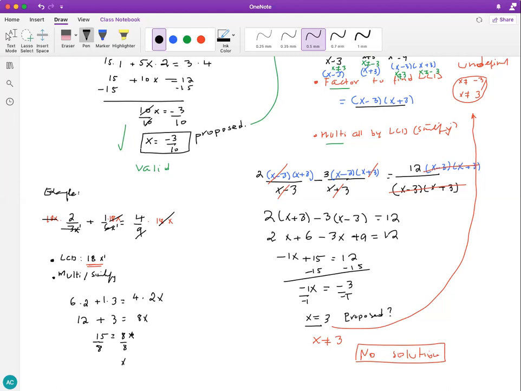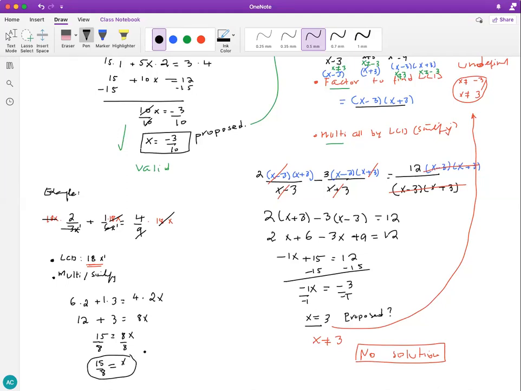So we have 8x here and 15, and we divide both by 8. So 15 over 8 is the answer. x equals this or that. You can flip it if you want, but that's the same thing.